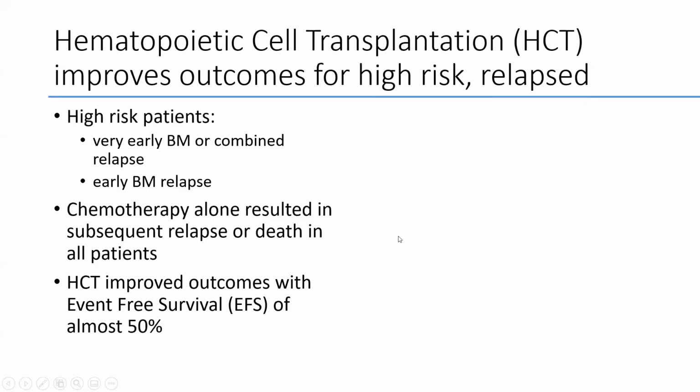Therefore, for patients with early relapse, considering hematopoietic stem cell transplant after attaining remission with reinduction chemotherapy vastly improves outcomes. Patients treated with chemotherapy alone suffer further relapse or death from toxicity of the chemotherapy or from disease progression.